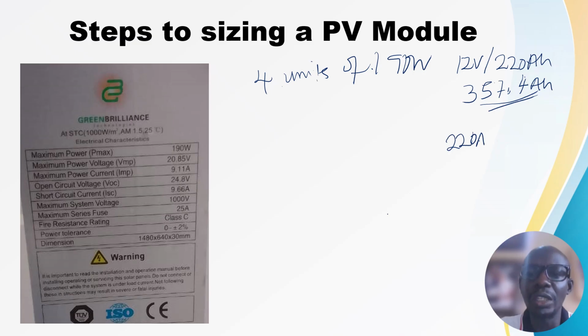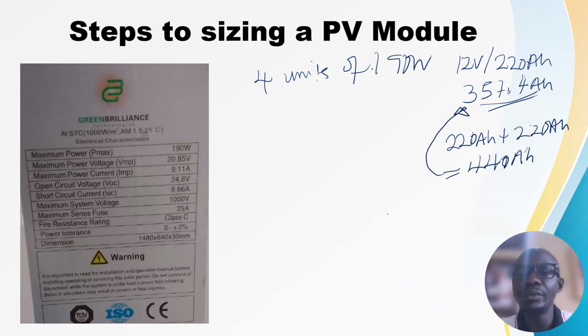It means 220 Ah plus 220 Ah, which gives us 440 Ah, if my calculation is right, which is above this. Do you understand?